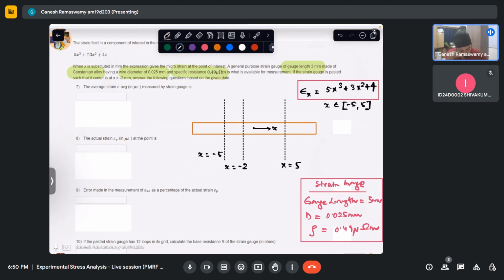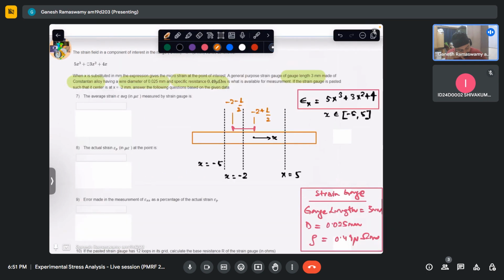So we have pasted the strain gauge, of length 3 mm, such that its center is at x equal to minus 2. So from here we can gauge that one end of the strain gauge is at minus 2 plus L by 2 and the other end is at minus 2 minus L by 2, where L is the gauge length.